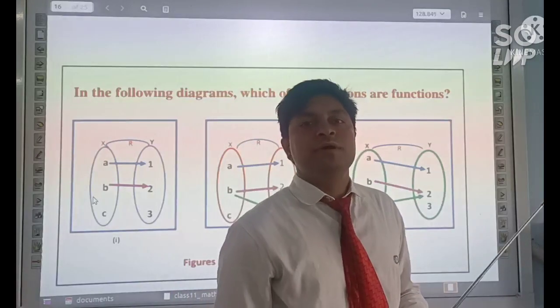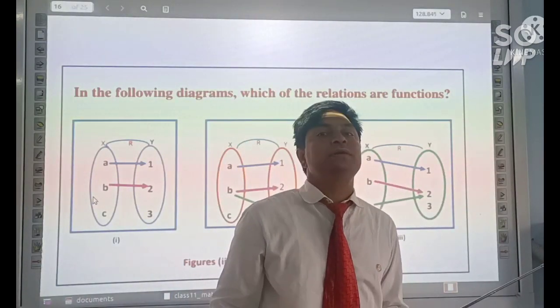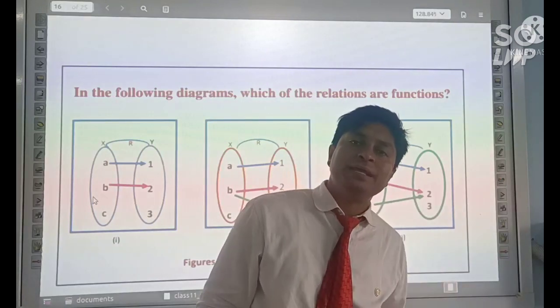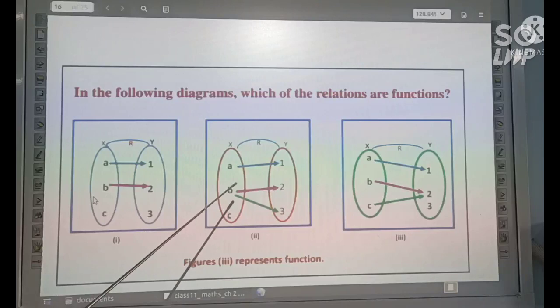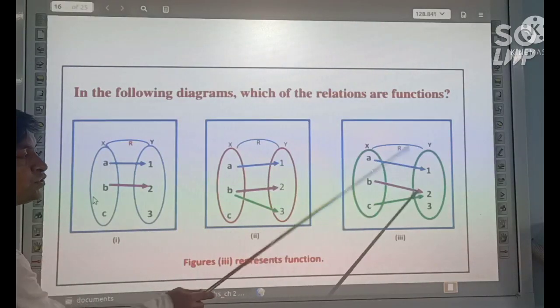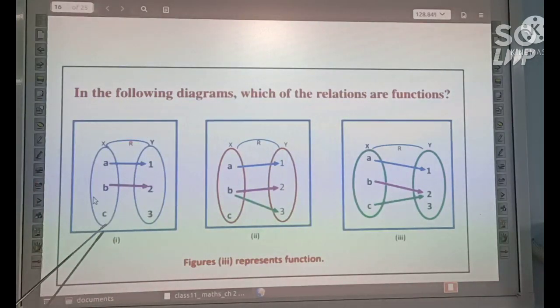When we have a many-one position, then we say that this is the function, but for the one-many, this is not a function. So this is one-many, this is not a function. This is many to one, so this is the function. This is one-one, but one element is left, then this is not a function.